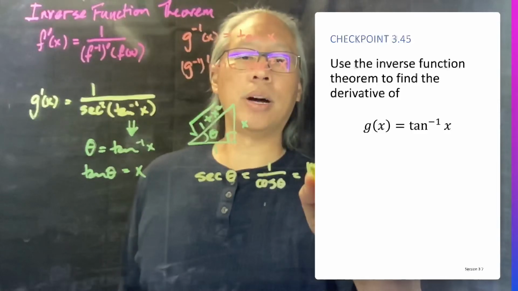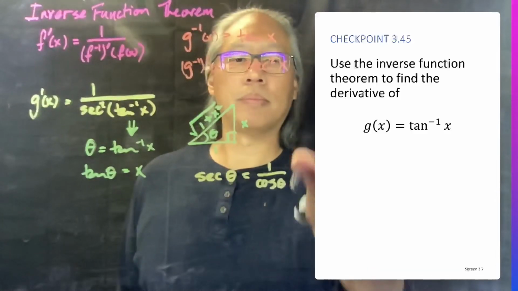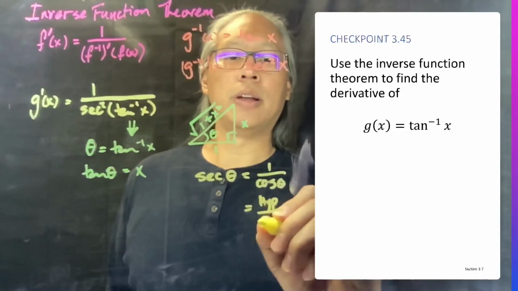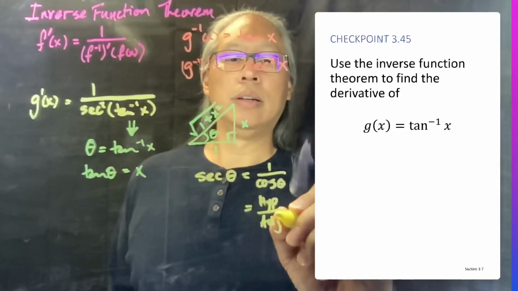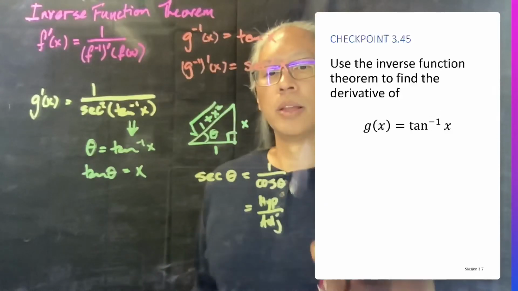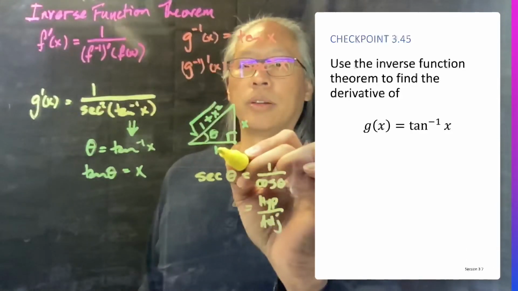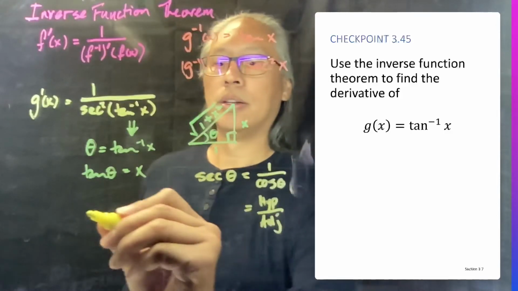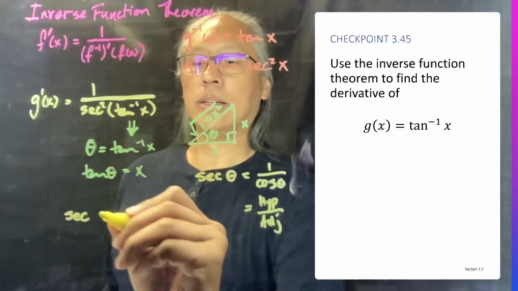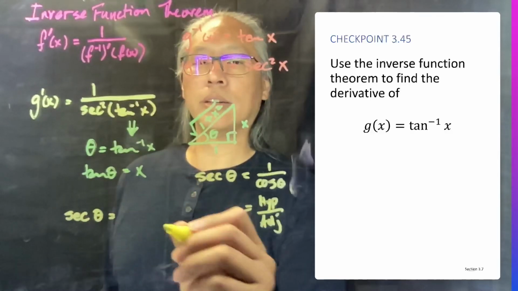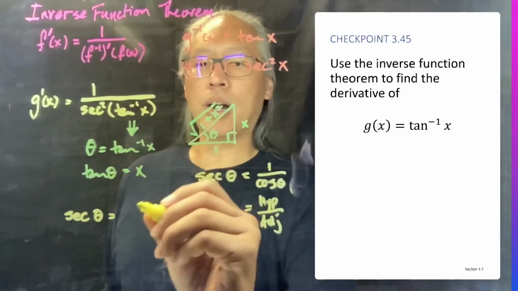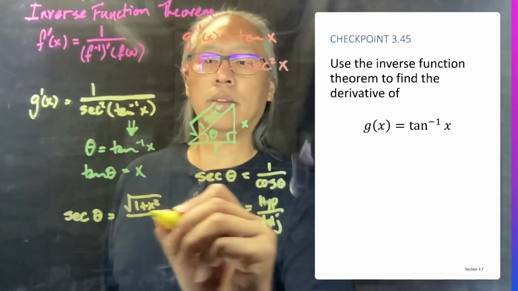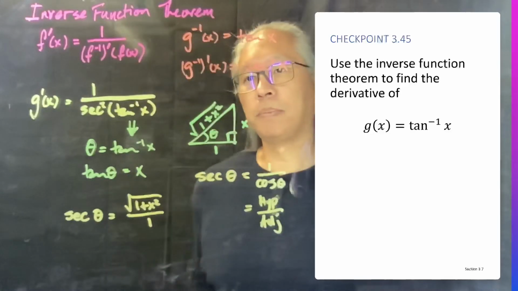So when we're talking triangles here, the sides are going to be the hypotenuse over the adjacent. So secant of theta is going to be the hypotenuse side, that's the square root of 1 plus x squared, divided by the adjacent side.